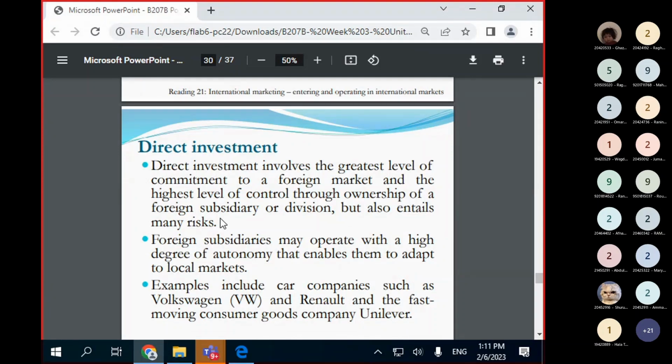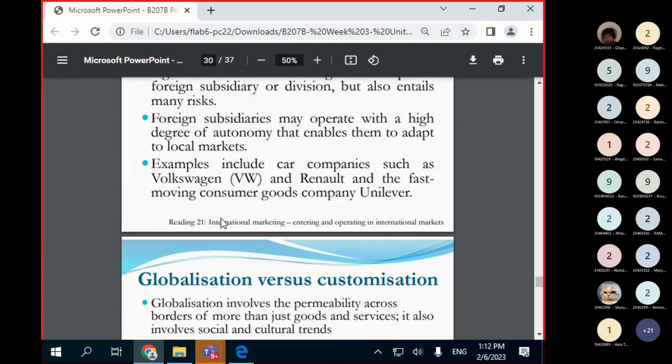Okay, so they send a lot of resources, machineries, and money to be spent in Saudi Arabia to have the factory and all the offices required to do business in Saudi Arabia. This is the highest form of globalization where you have a full presence in the country. Any questions?